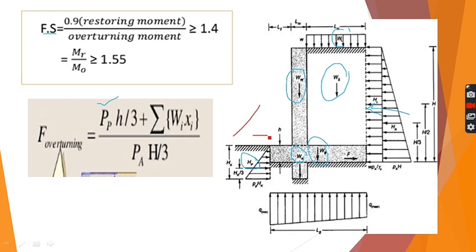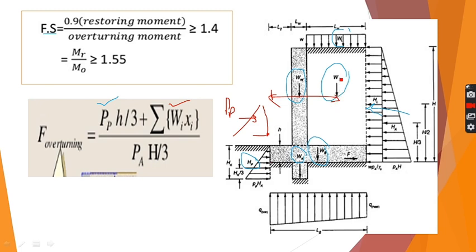If this is a triangle, this is PP, and we are calculating the moment at this point, so the moment will be PP into H by 3. The other restoring forces are all the weights, WS, WL, WW, WX, W0, all these forces are restoring forces. So the moments due to these forces will be W into its perpendicular distance from the point where we are calculating the moment.